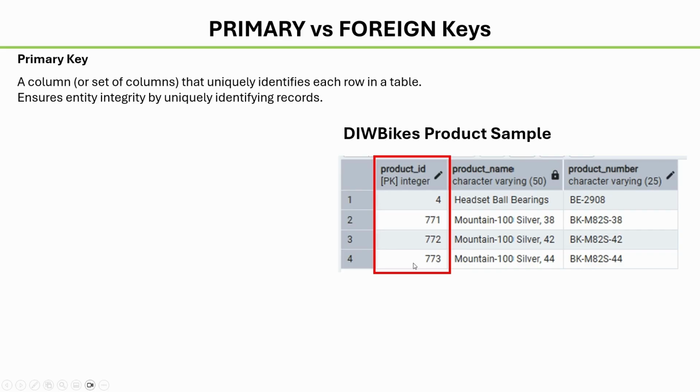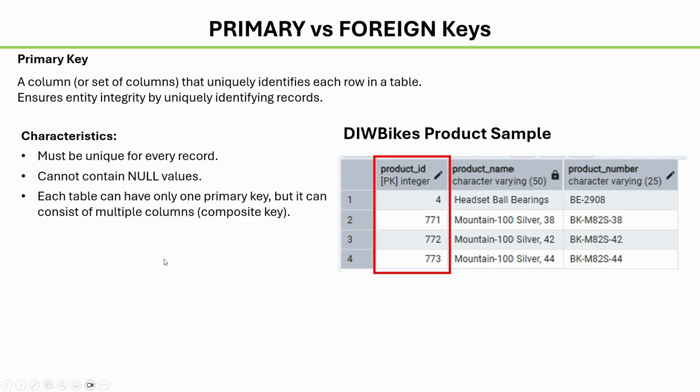Now, what are the characteristics to check for when you're looking for a PK? In some modern ETL work, data warehouse or lakehouse environments, it may not explicitly call out the PK. So what are you supposed to check for? These are some of the properties to check for. Number one, our PK must be unique for every record and cannot contain null values. Like I mentioned, it could be one column, which is a primary key, and if it's a set of columns, we call it a composite key.